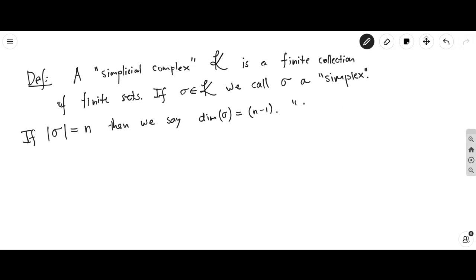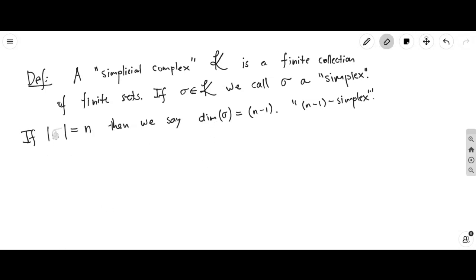So you can call this an n minus 1 simplex, an n minus 1 dimensional simplex. Of course, it does not make sense to say that a finite set of points has dimension n minus 1. It will make sense if you visualize sigma as some kind of topological space. So these are just definitions, but I'm trying to explain why we call it the way that we do.